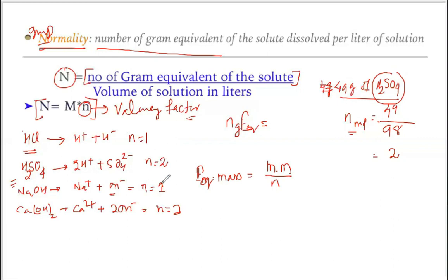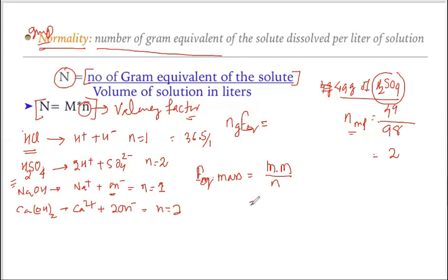If you want the equivalent mass of HCl, the n factor is 1, chlorine is 35.5 and hydrogen is 1, so equivalent mass is 36.5. Divided by 1 doesn't matter.